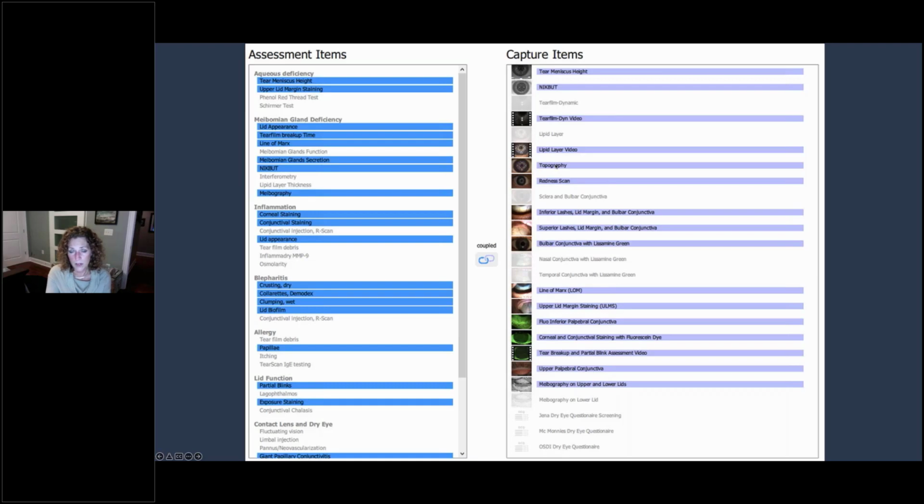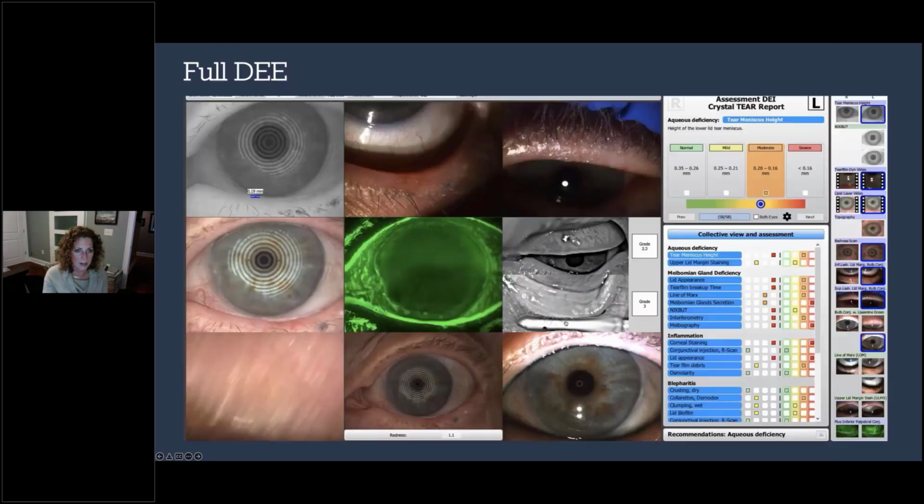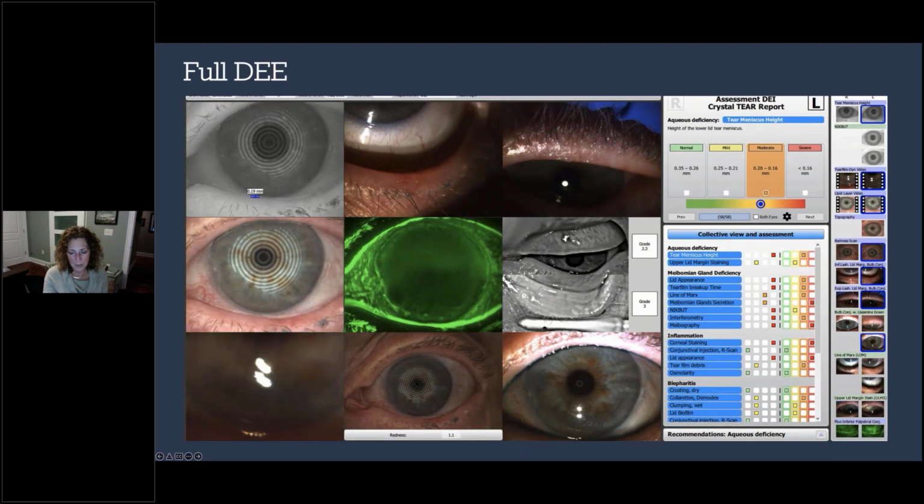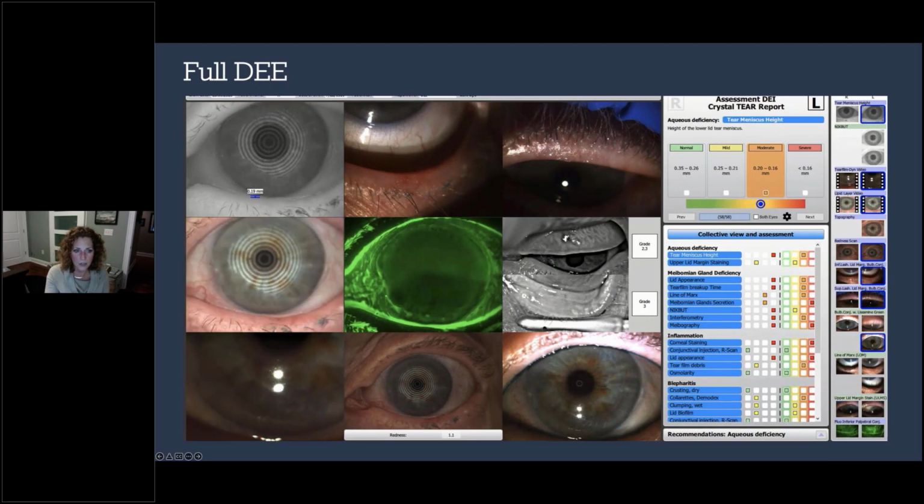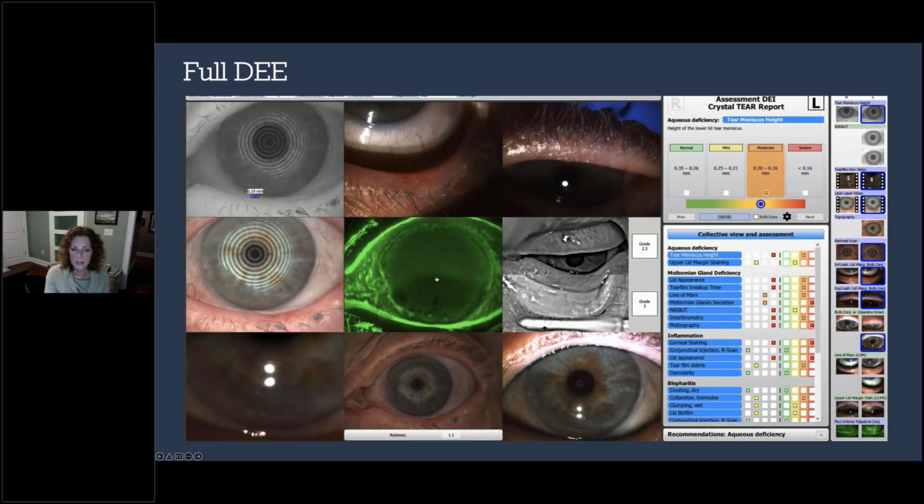I don't bill for it unless there's a reason, but I take it on everybody. The line of Marx and the upper lid staining, the fluorescein inferior palpebral conjunctiva, and also the white picture of the upper palpebral conjunctiva. Those aren't in my collage, but I like to be able to refer to them on that initial dry eye eval.